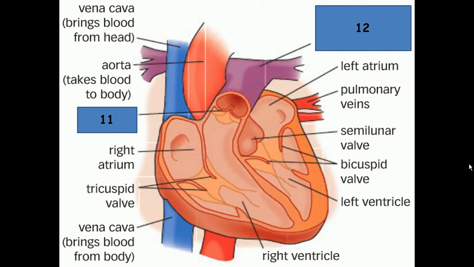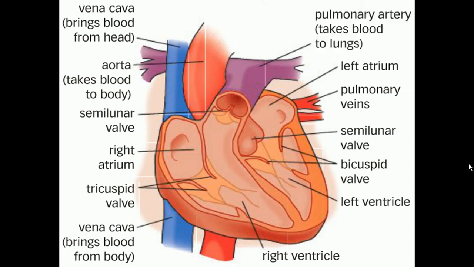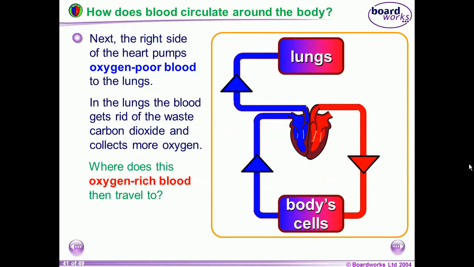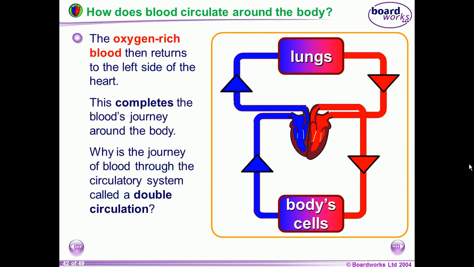Blood that leaves the heart always goes through a valve known as semilunar valve, and then obviously when it's going to go to the lungs, it's going to go through the pulmonary artery, as I've just mentioned. And then the deoxygenated blood goes to the pulmonary artery, the carbon dioxide diffuses out into the alveoli, and then obviously the blood then takes oxygen, which diffuses in, and we go through that whole circulation again.